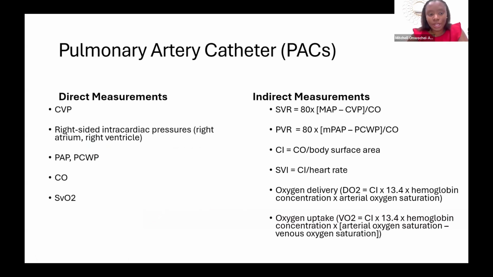You get your CVP, your right-sided pressures, your wedge pressure, your pulmonary artery pressure, your cardiac output, your mixed venous oxygen, and you get some indirect measurements like your SVR, which is 80 times MAP minus your CVP divided by cardiac output. You get your pulmonary vascular resistance, which is 80 times your mean PA pressure minus your wedge divided by cardiac output. You can get your cardiac index as well as stroke volume index.